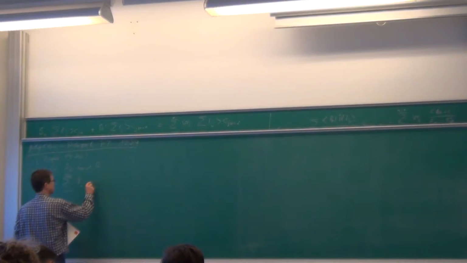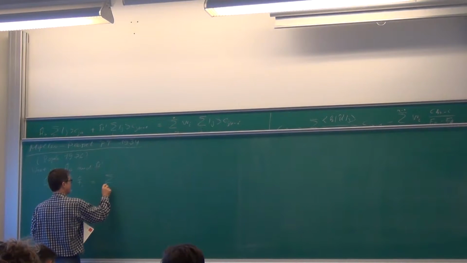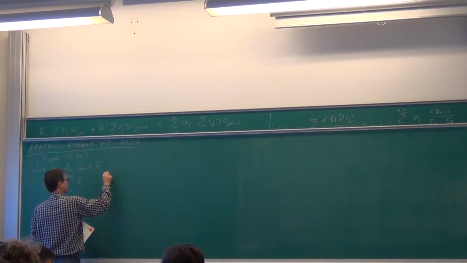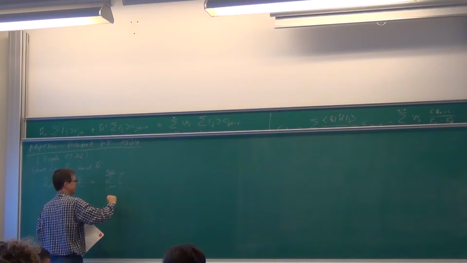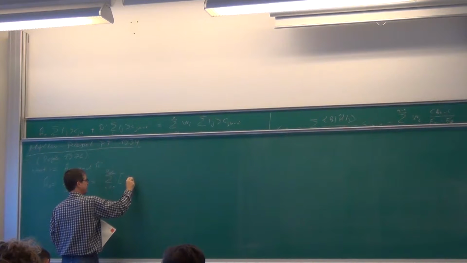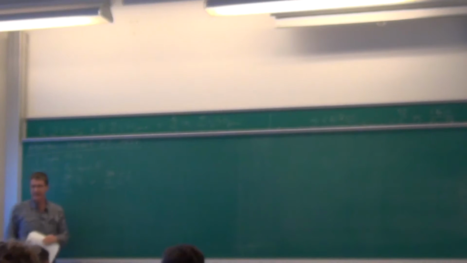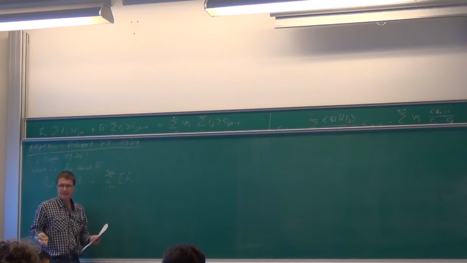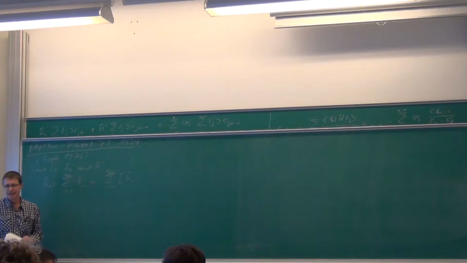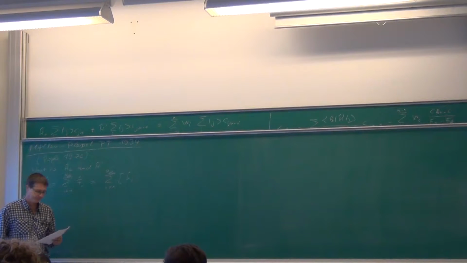So let's write that out a bit more in detail. So I have i from 1 to the number of electrons, and I have a big parenthesis. So I have this h_i, which is kinetic energy plus electron nuclear attraction operator. And then I have this Hartree-Fock potential, the averaged electron-electron repulsion.